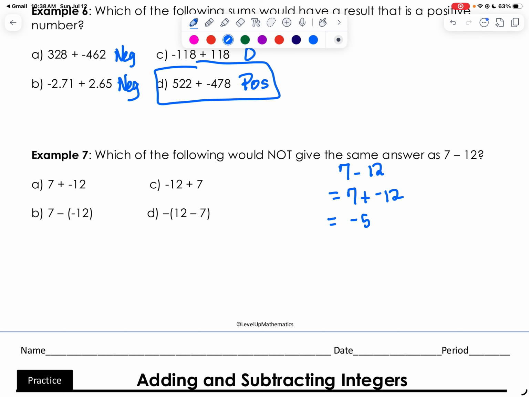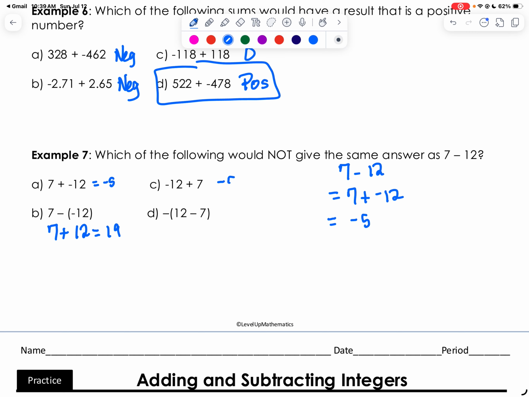All right, so let's look at our answer choices. In A, 7 plus negative 12. That would be negative 5. Then we have 7 minus negative 12. Well, I have to rewrite that as addition of the opposite. So that would be 19. Problem C, negative 12 plus 7.